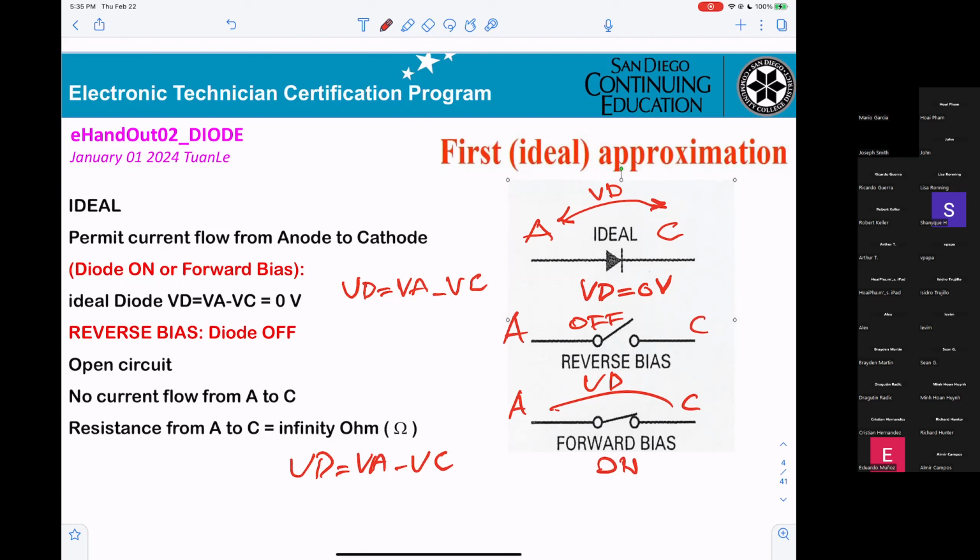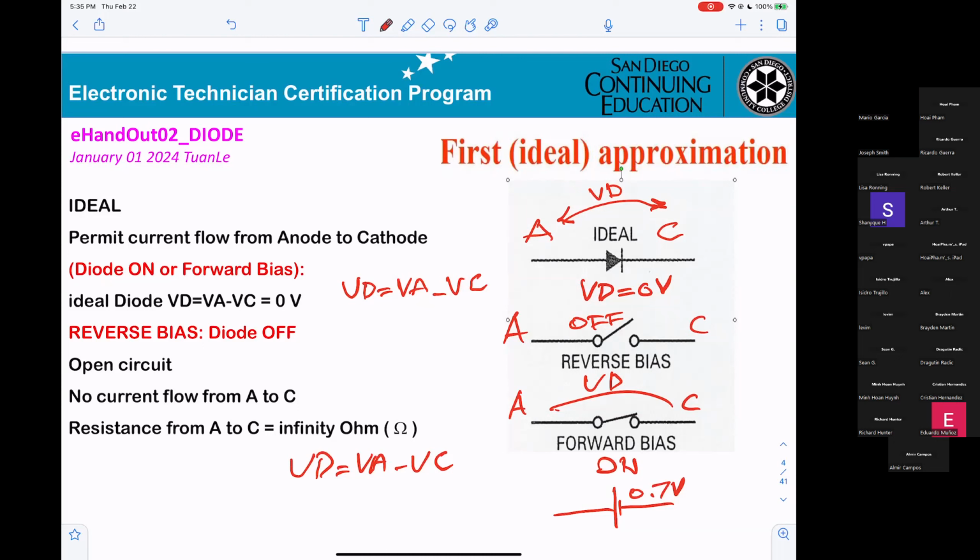And when you set it on, you substitute the diode by a battery. That battery will be 0.7 volt for a silicon diode. On the magnesium, it will be 0.3.